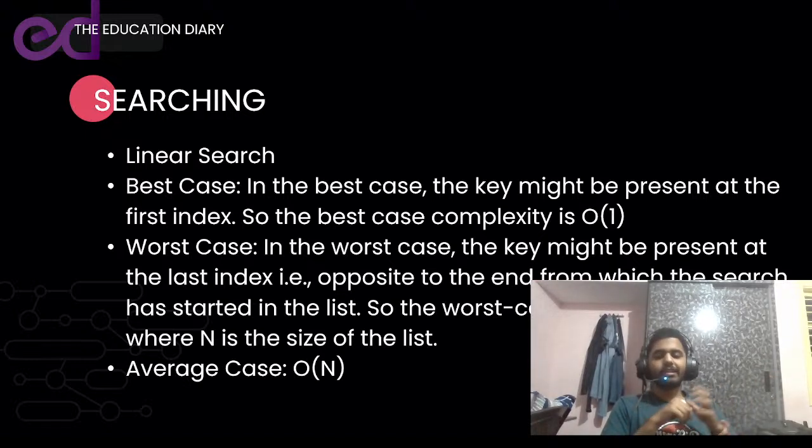So in linear search, the best case complexity is big O of 1. Let's say you are searching for some element in an array, and you get your element at the first position. That is the best case possible, which takes big O of 1.